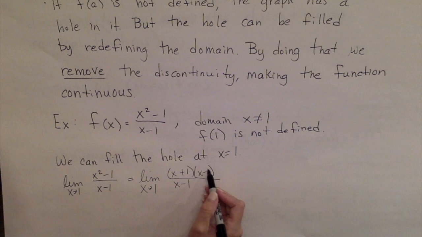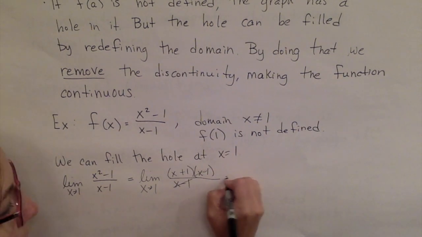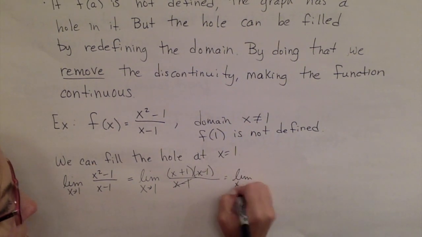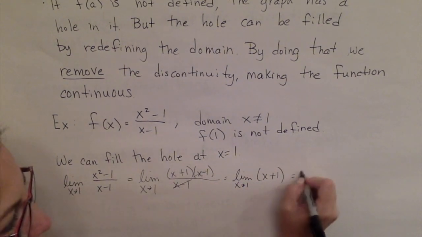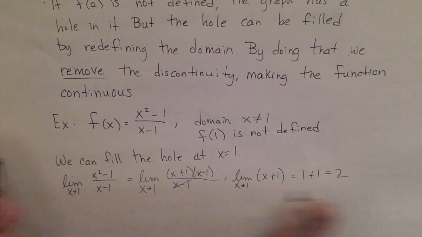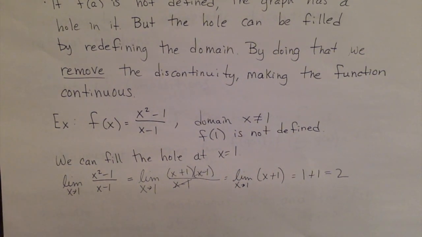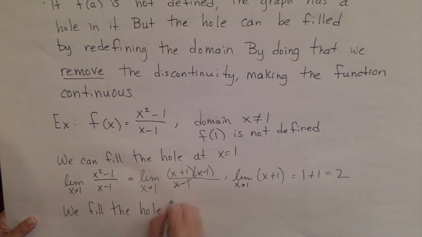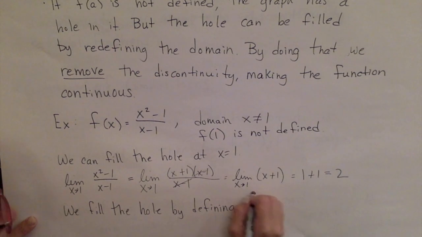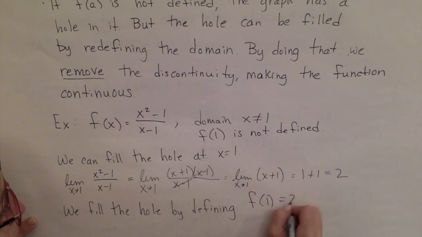The x minus 1's cancel, and I'm left with the limit as x approaches 1 of x plus 1, which is 1 plus 1, or 2. Okay. And so we were able to fill the hole. We fill the hole by defining f of 1 to equal 2.